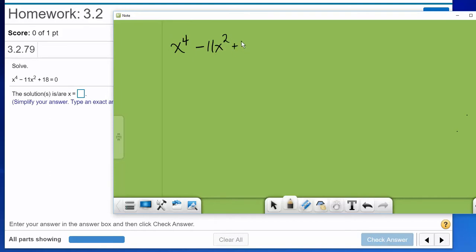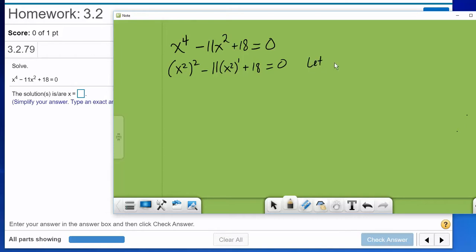But it has what we call quadratic form because you can think of, now you're not required to do this, but you can think of this as x squared squared. And so even though it's not technically a quadratic equation, it has what we call quadratic form.